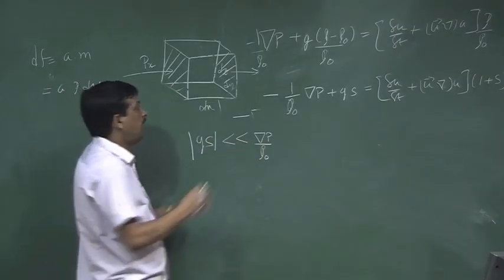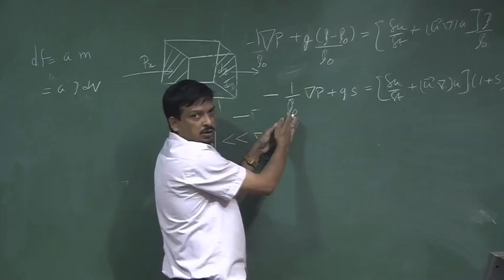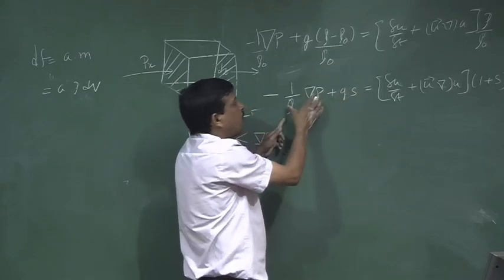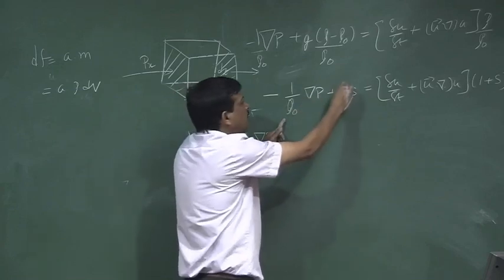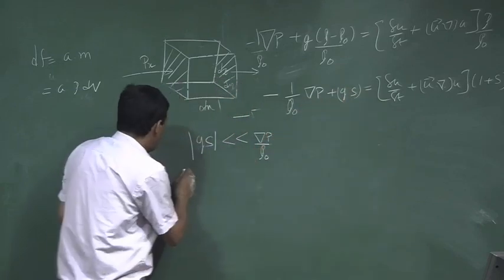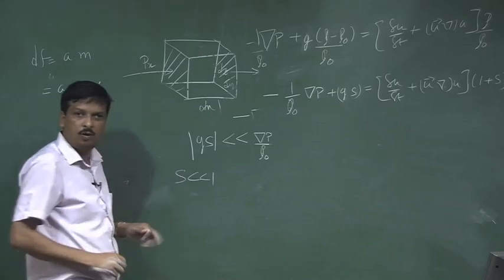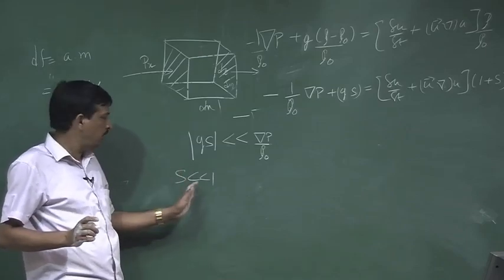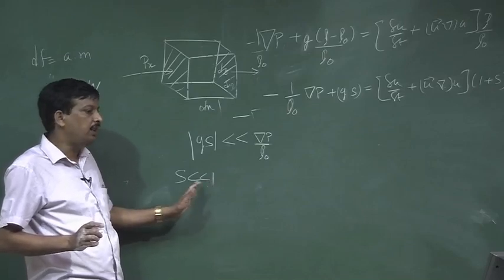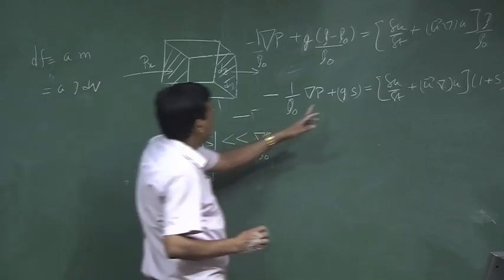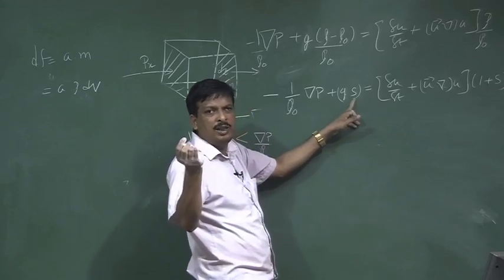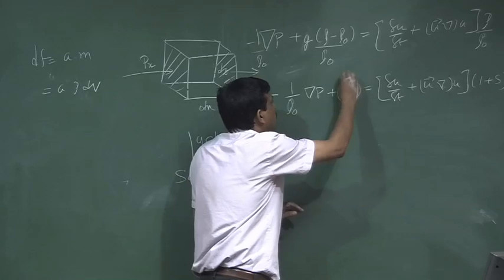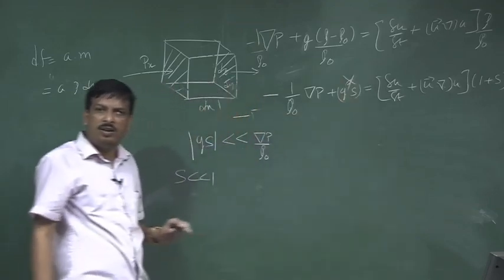That means the amplitude of the term del p by del rho 0, acoustic pressure by rho 0, compared to gs, gs is very less compared to this term. So, I can ignore gs because s is less than 1, always, s is rho minus rho 0 divided by rho 0. So, if it is less than 1, then I can consider g into s a very weak term compared to this term. So, I can ignore this term.